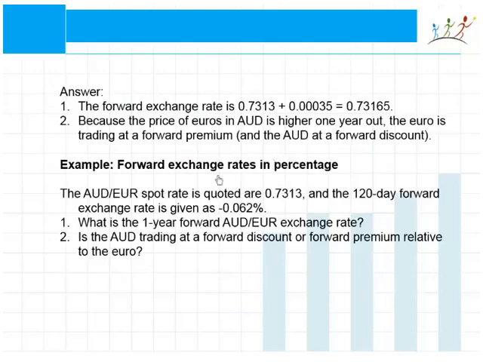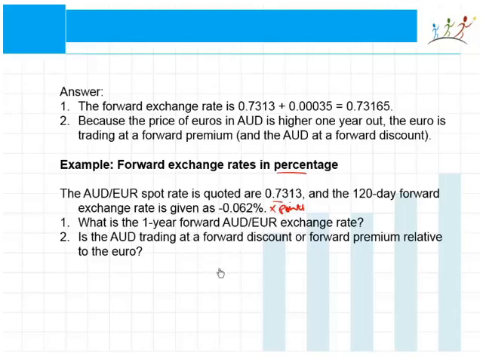The next example would be to calculate the exchange rates given in percentage. So the AUD to Euro spot rate is quoted as the same, and the 120-day forward rate is given as minus 0.062%. Please note, if it is a percentage and not points, so if it is percentage points or percentage, then we will apply the concept as we have always studied.